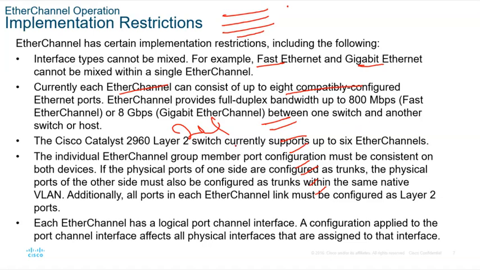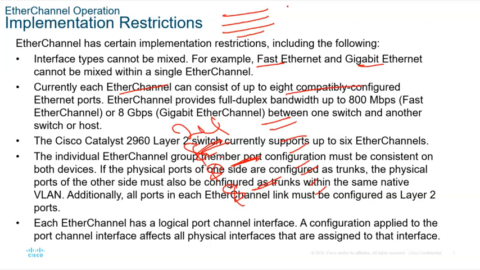But when it comes to the physical ports per group, they're supposed to be 8. So if you have 24, you have to distribute it equally: 8, you'll have 3 groups on a switch, because here you have 8, then 8. But if you want more groups, then you have to reduce the number of ports per group.